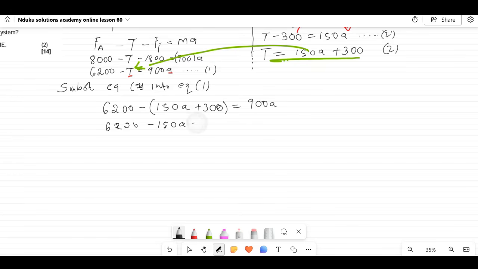And then this will be a negative 300. Then this will be equal to 900a. And then we're simplifying, collecting the like terms. That subtracted by that will give us, press your calculator, 5,900.